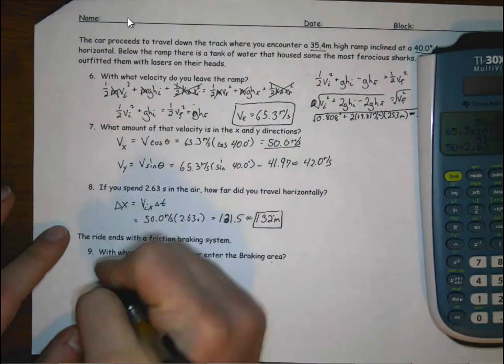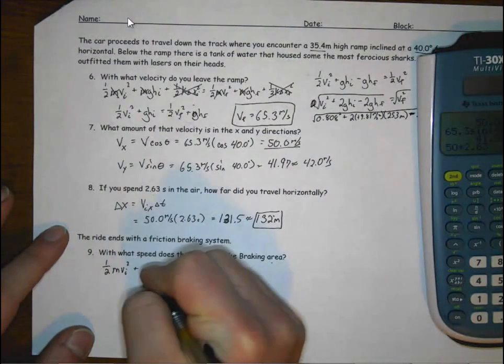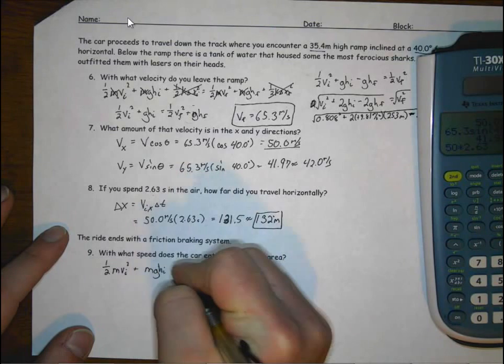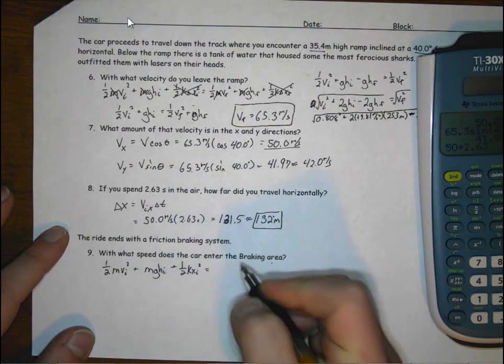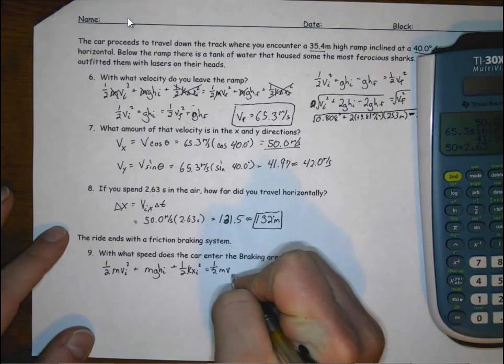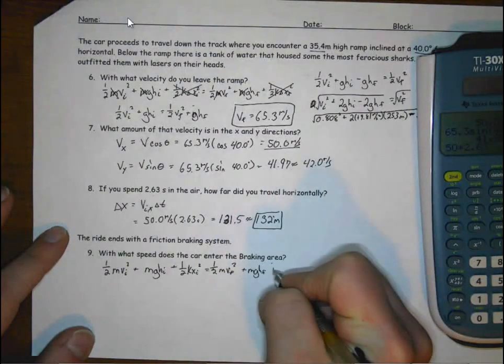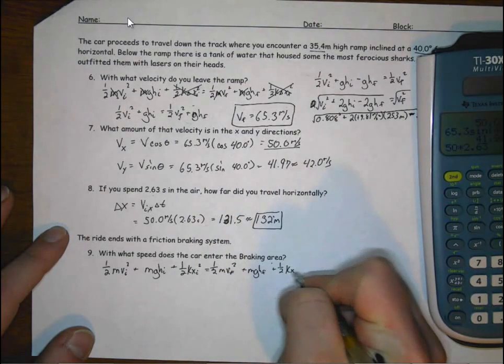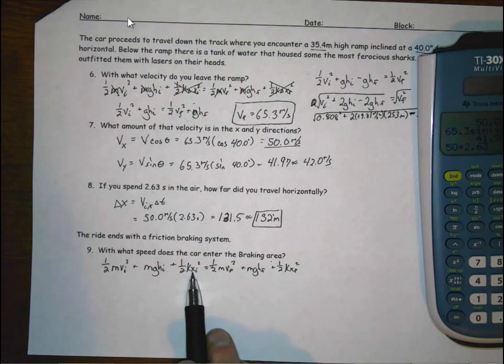So, once again, my conservation of energy equation. And I notice in this time I used x instead of delta x.